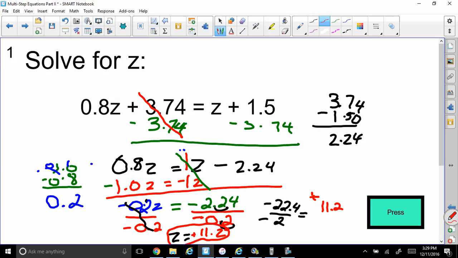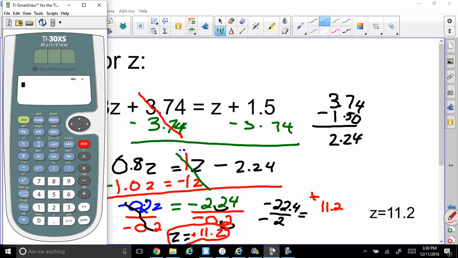So let's check that out. I want to get my calculator up just to show you I could use the calculator.